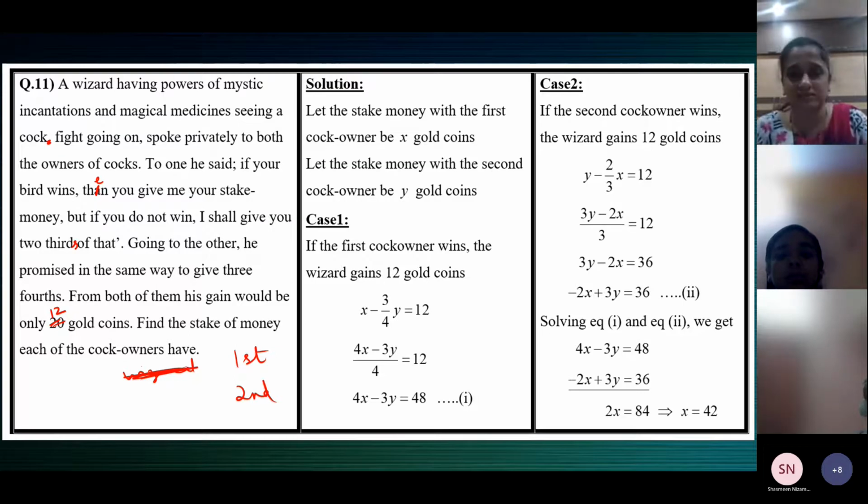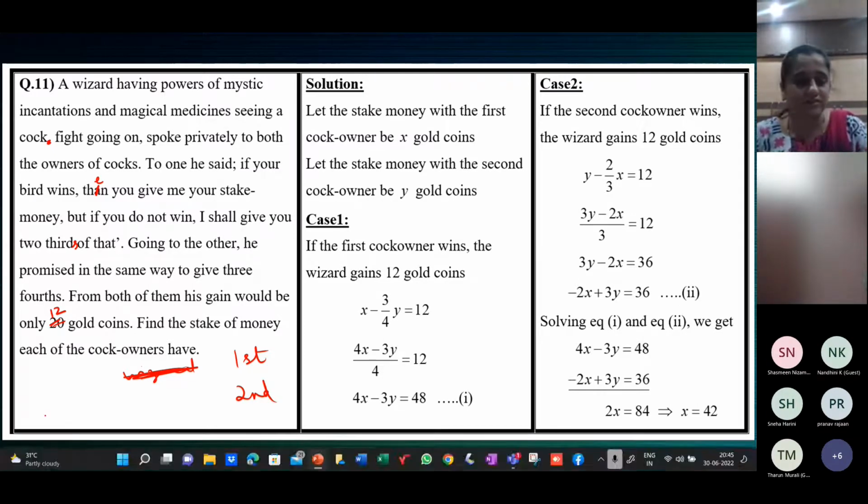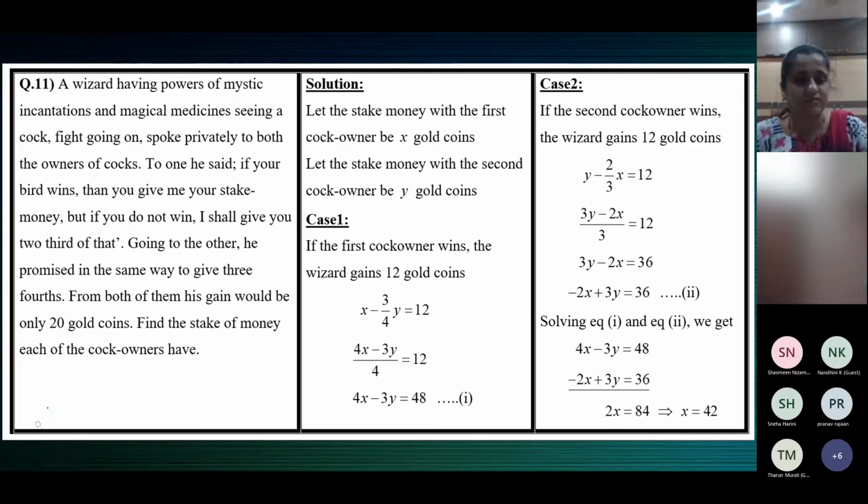What does the wizard say? To the first cock owner, he says, if your cock wins, you must give me the money you've staked. See here? If your bird wins, then you give me your stake money.